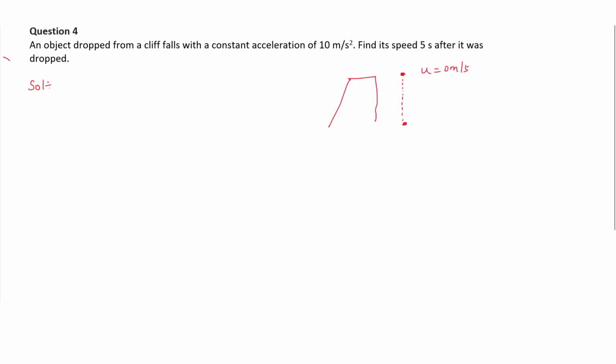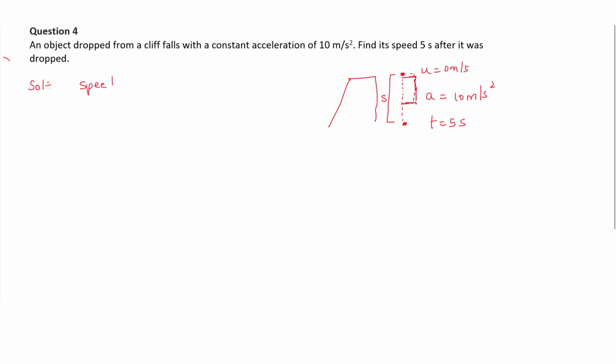So considering it will travel some displacement s, and given its acceleration is 10 meter per second square. If I say after 5 seconds, it must have traveled till here, somewhere till here. Okay, so t is given as 5 seconds. On the basis of given data, they are asking us to find its speed.